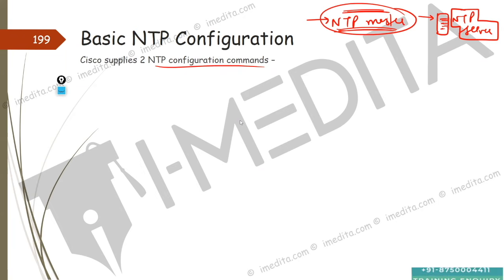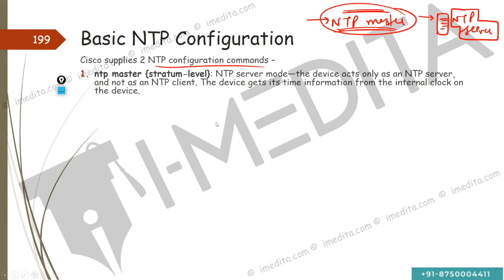Now, the second configuration command that we have here is ntp server. Before I go into the ntp server command, let me tell you what this stratum level is. With the ntp master command, you have an option to define a stratum level.